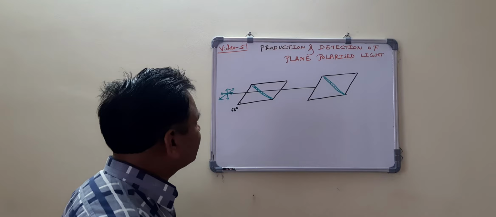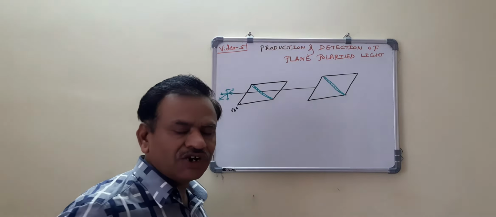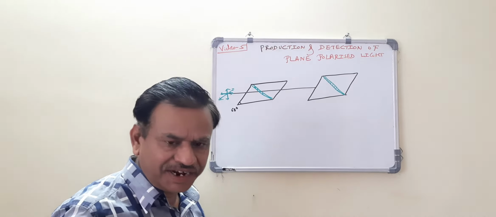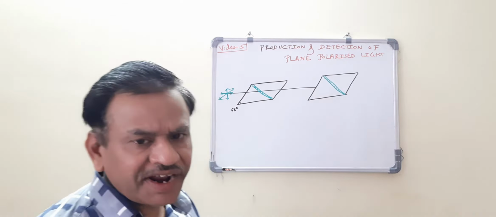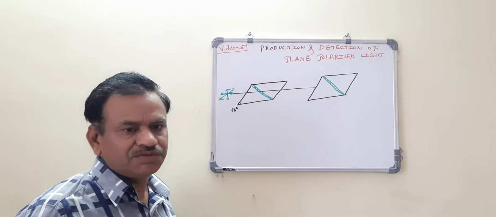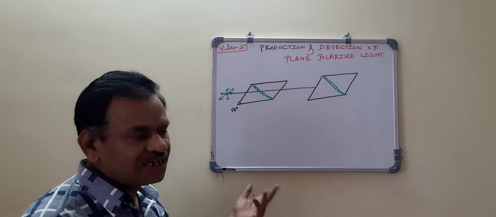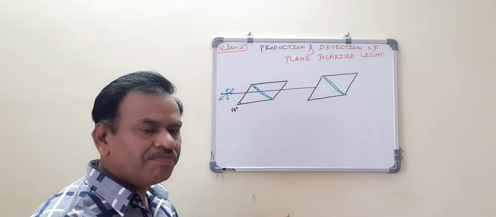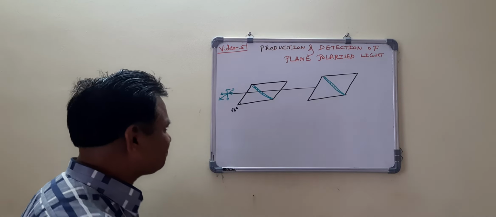Students, now I am going to discuss another part: production and detection of plane polarized light, sometimes also called linearly polarized light. Detection means whether the outcoming light is plane polarized or not, that I want to identify.